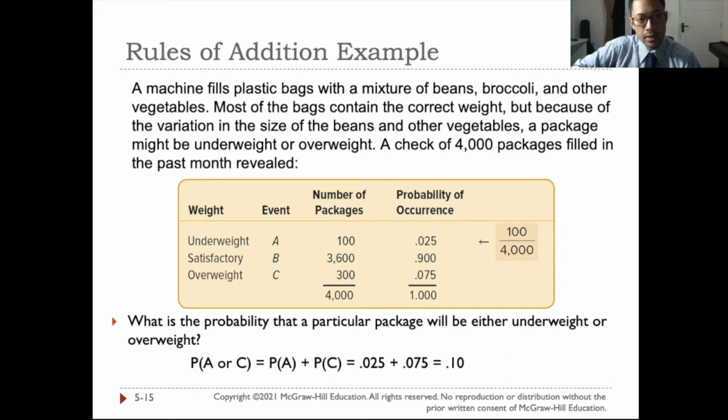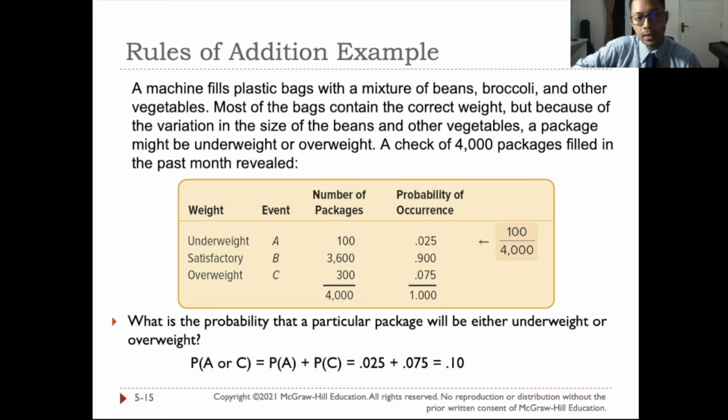One, it is underweight, it is satisfactory, and then overweight. So it's going to be denoted as event A, B, and C. So here you can see that there were 100 packages underweight, there are 300 packages overweight, and 3,600 packages that are satisfactory.